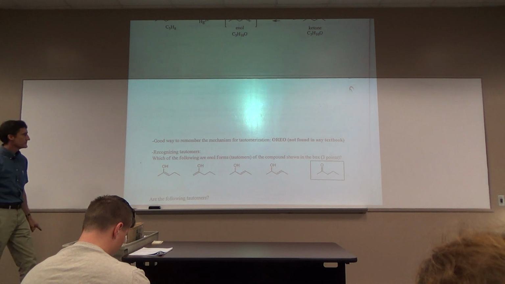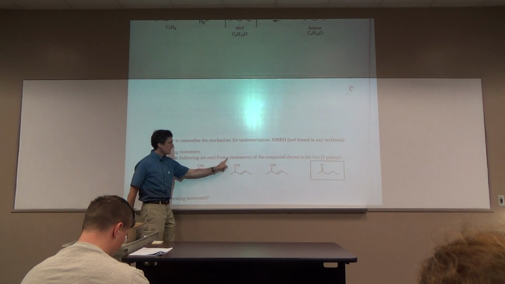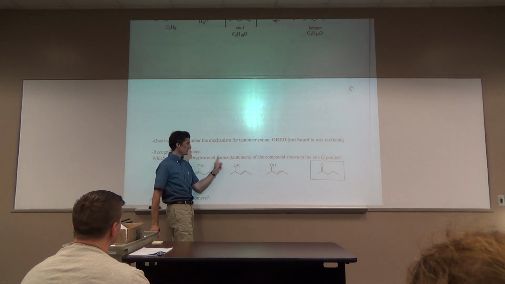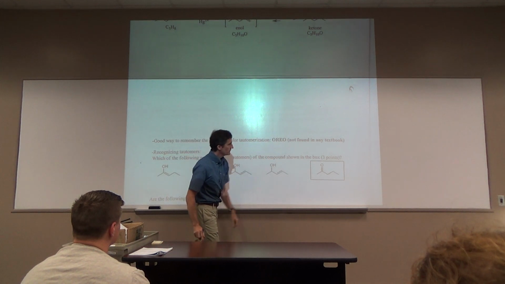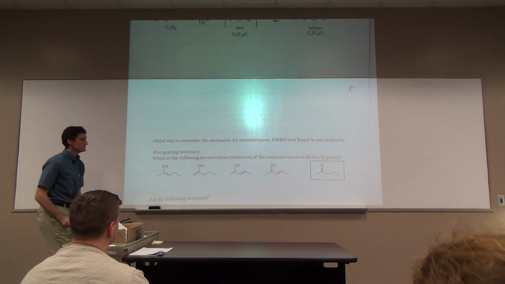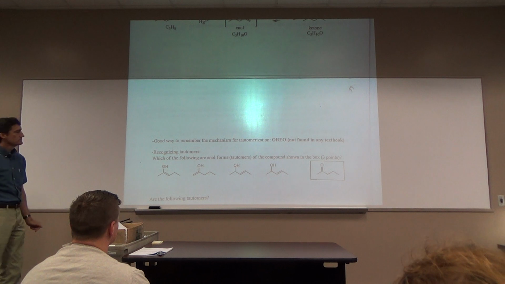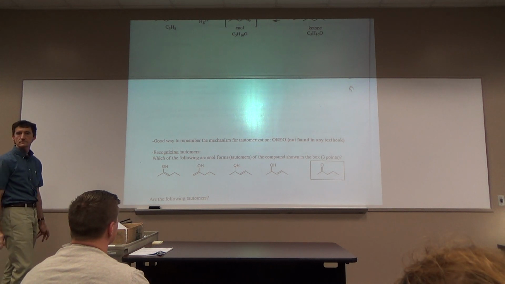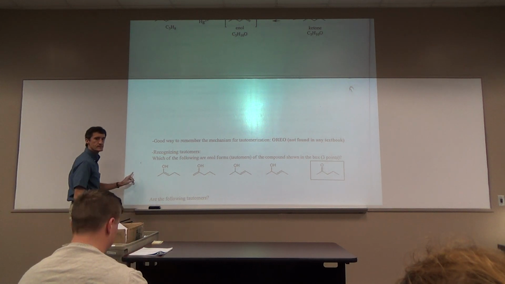Recognizing tautomers. Which of the following are enol tautomers, or enol forms, of the compounds shown in the box? What did you get for this one?